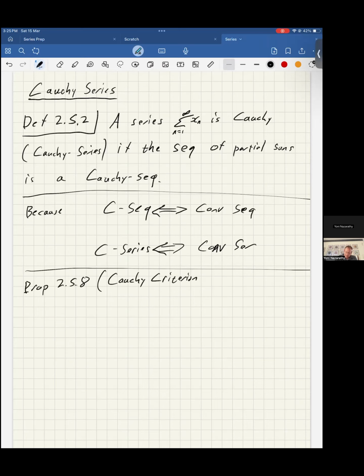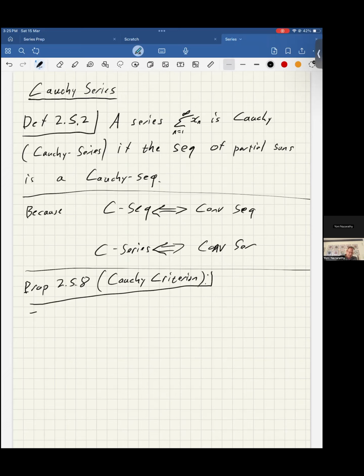It's going to be a criterion on the series that sees whether the sequence of partial sums is a Cauchy sequence, and it's going to be a criterion for convergence. Because a lot of what we're going to do in this whole little unit is deal with criteria and tests for convergence or for showing divergence of series.